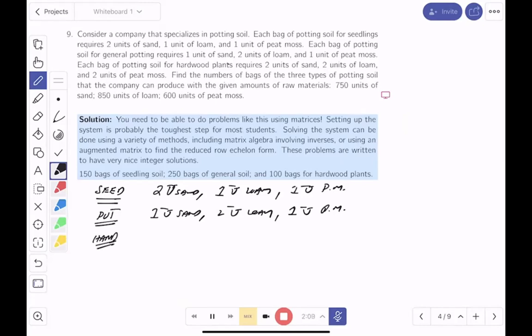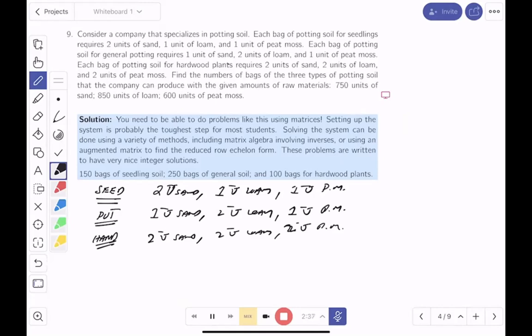All right, let's say hardwood, right? 2 units of sand, 2 units of loam, and 2 units of peat moss. Okay, let me read it again to you.